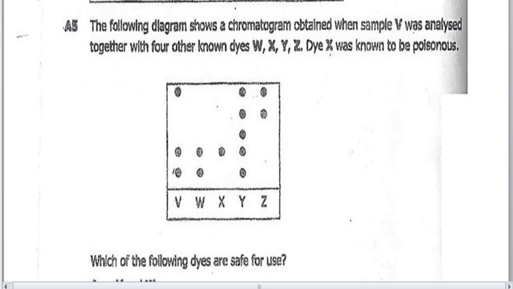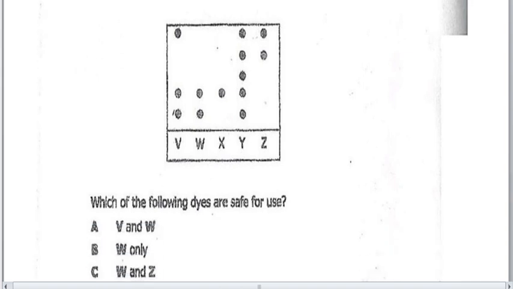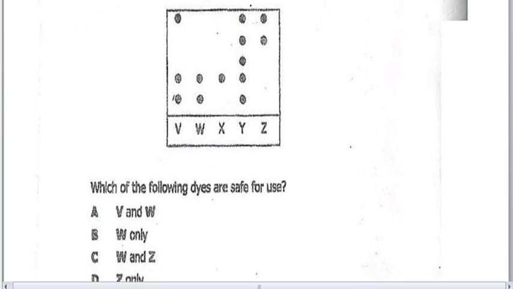A5, the following diagram shows a chromatogram obtained when sample V was analyzed together with 4 other known dyes W, X, Y, Z. Dye X was known to be poisonous. Which of the following dyes are safe for use? Now, we are saying dye X is poisonous, so it means all these other dyes that go in the same line as X, all these are also poisonous.